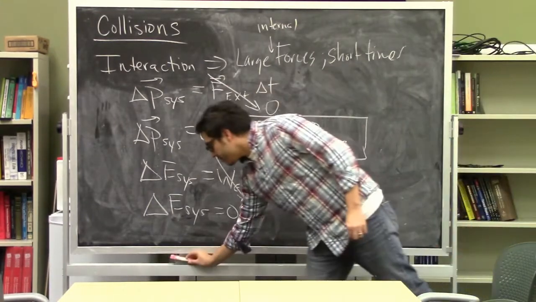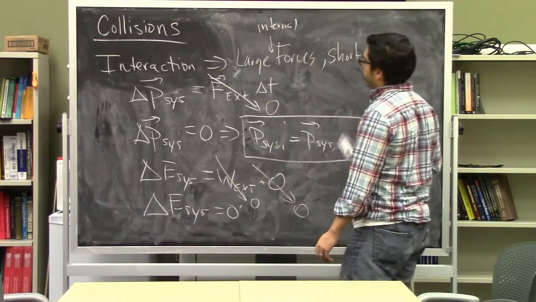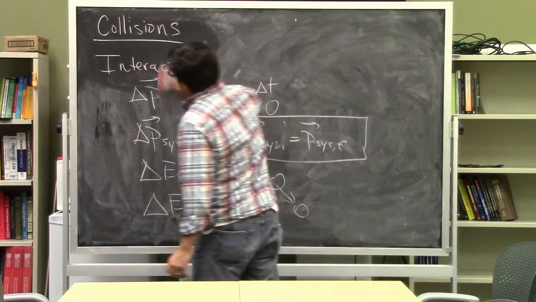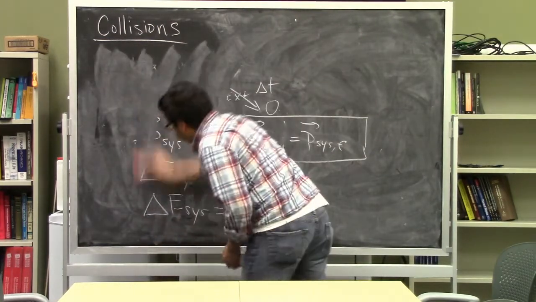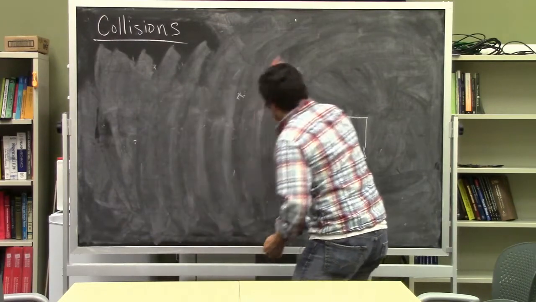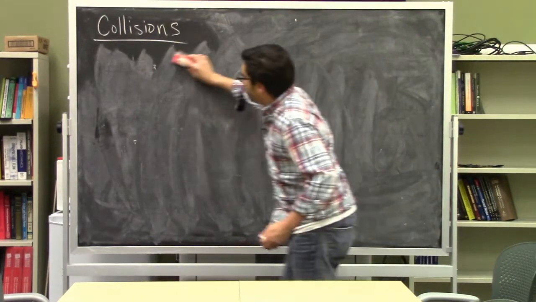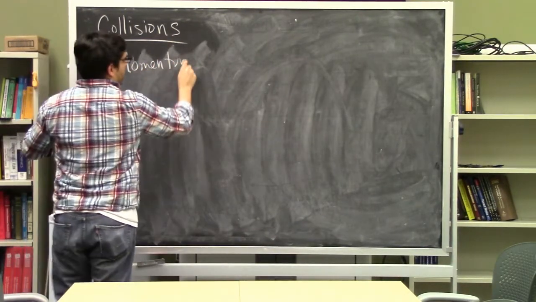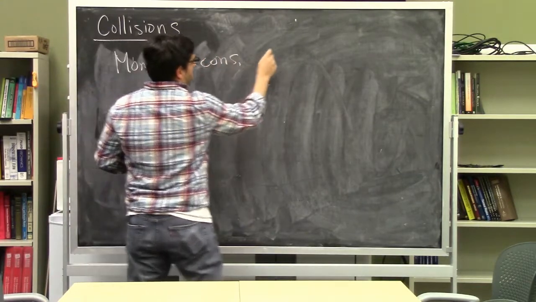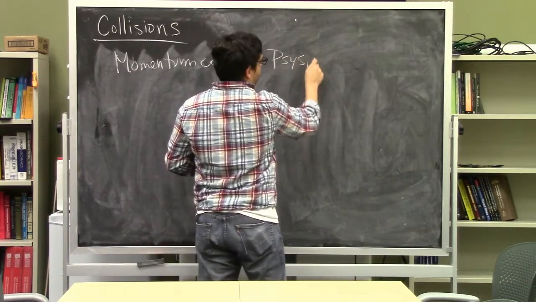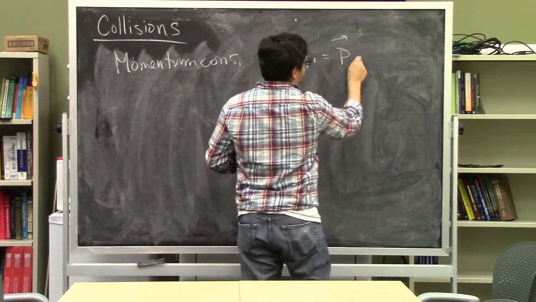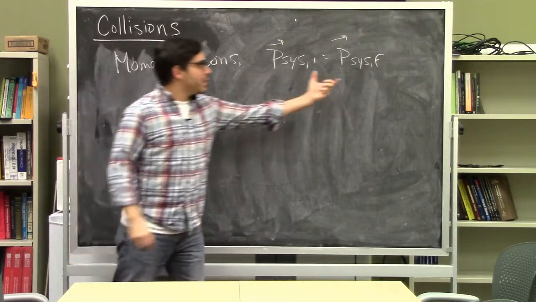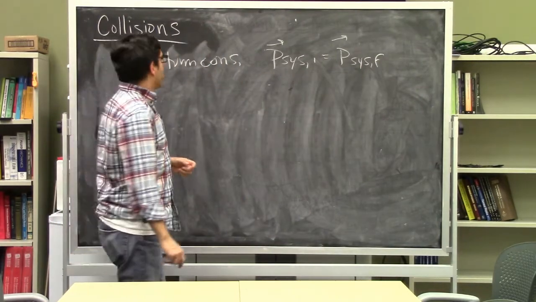I'm going to get rid of some of this because we're going to talk more about the kinds of collisions that we have and what they actually look like in detail. If we have momentum conservation, that is, the change in the system's momentum before and after the collision is 0, the momentum before and the momentum after the collision are identical.